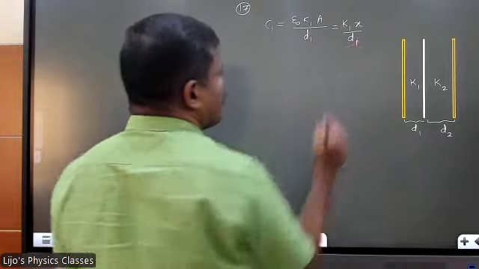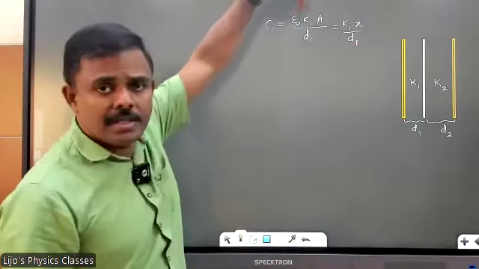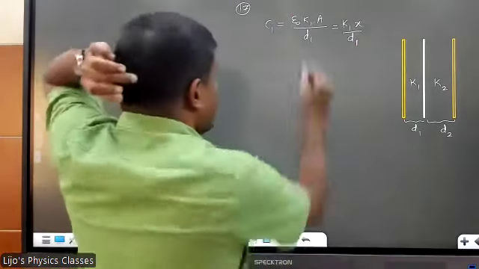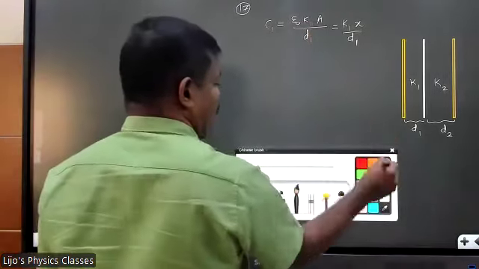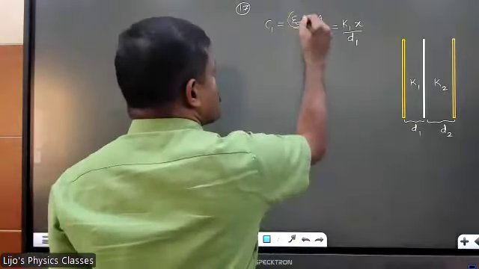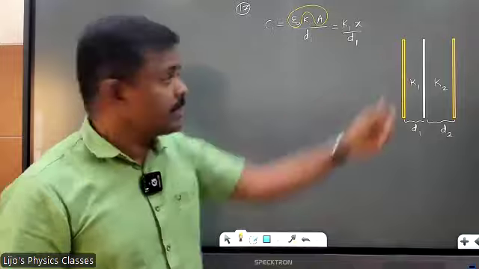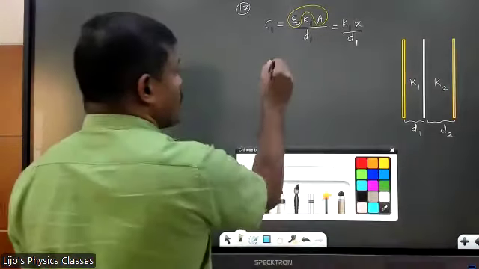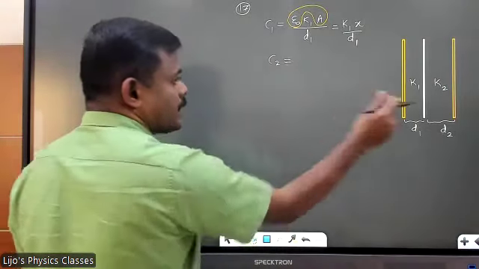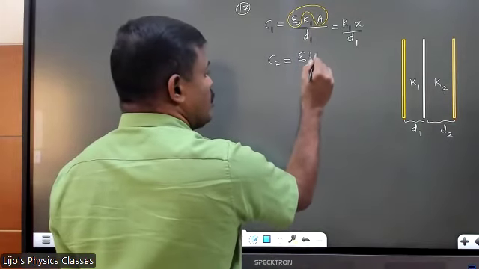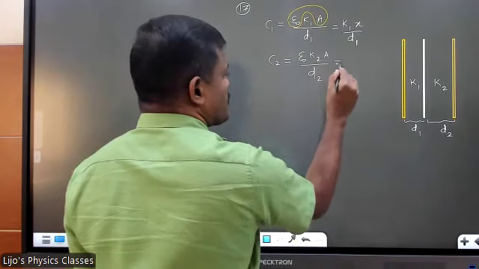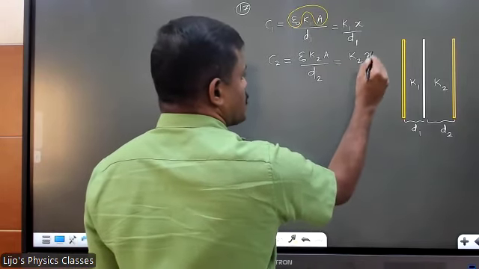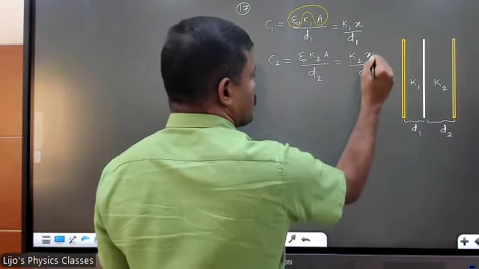What have I done? For calculation's ease, I have called epsilon 0 A as x. That will make things easy for me. K1 x by D1. Similarly, what will be the capacitance C2? The second part is epsilon 0 K2 A by D2, which can be rewritten as K2 x by D2.